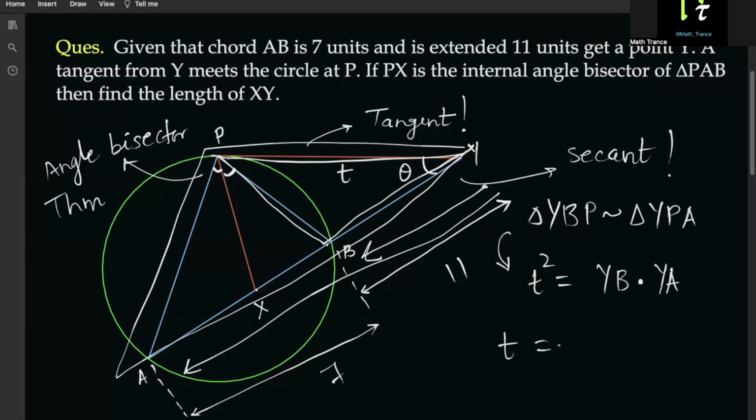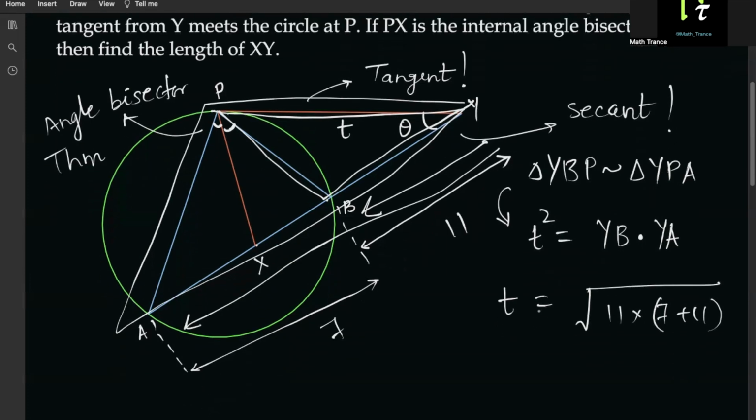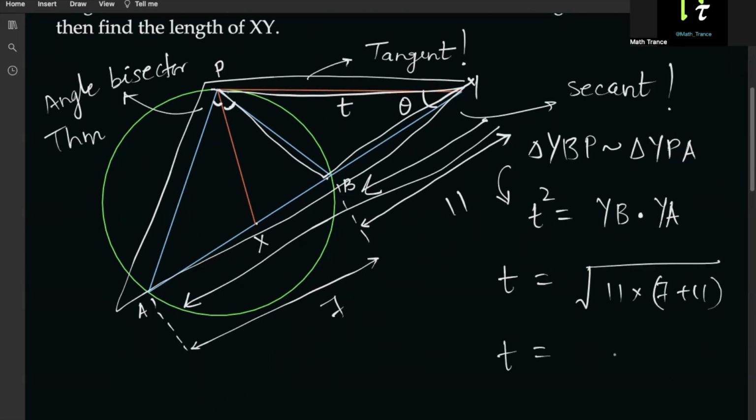Okay, so t is equal to what? Root of YB into YA. YB is 11 and YA is how much? It is 7 plus 11. So t is equal to root of 11 into 18.